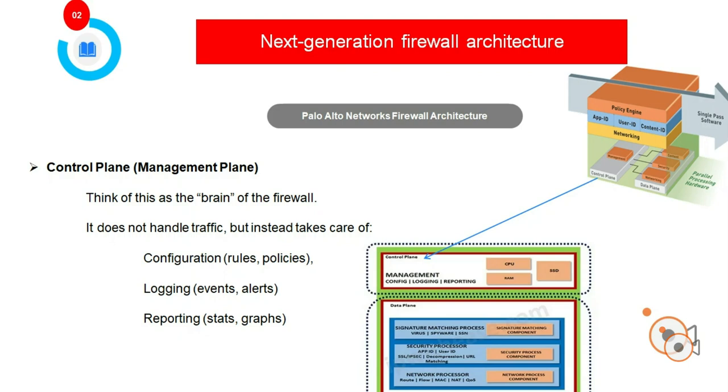The control plane is also responsible for the logging. Every time traffic passes, the firewall logs the information. And finally, the control plane is also responsible for the reporting. It prepares charts and reports so you can see everything that passes through your Palo Alto network.